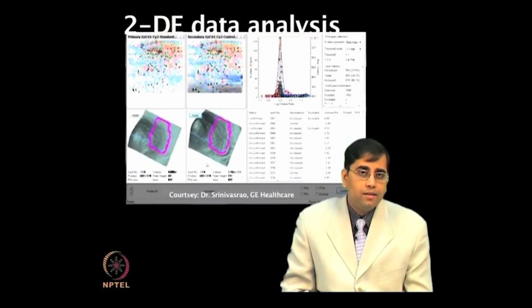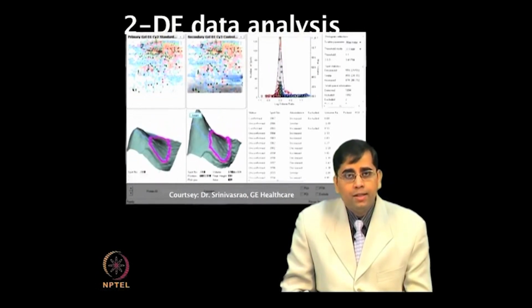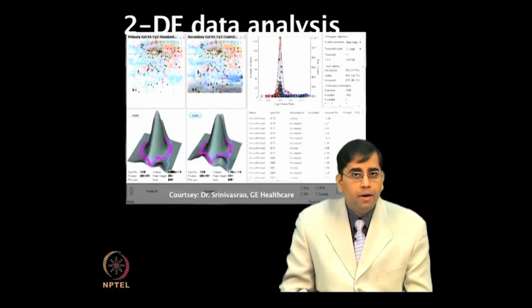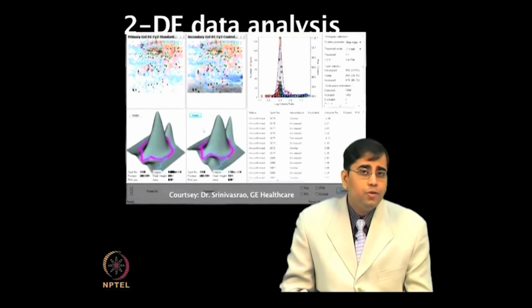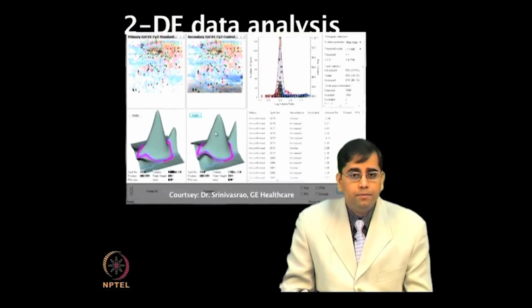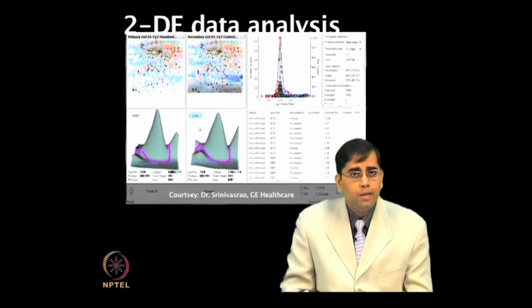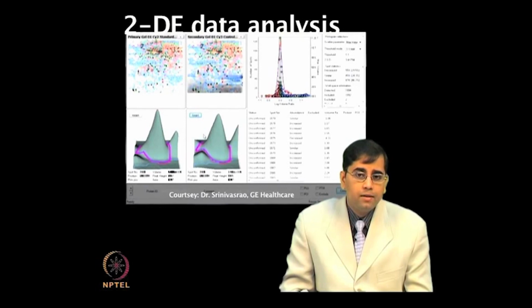The gel analysis involves image processing, detection of spots, making match sets, landmarking, viewing histograms, etc. Various information regarding the spots such as their area, volume, intensity and statistical parameters such as standard deviations can also be calculated.